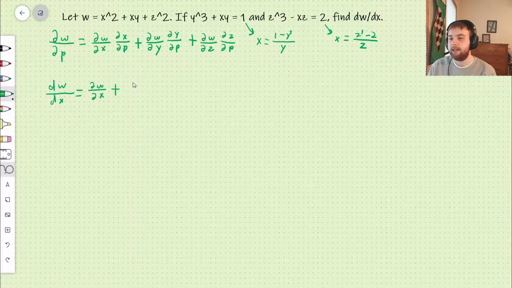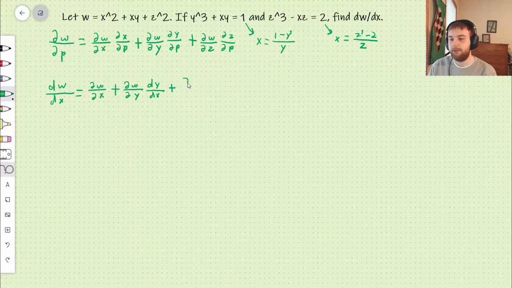Then partial w partial y, and since we discussed that y is a function of x, even though it's a very difficult function to find, it still is that way. So we can rewrite this as dy/dx instead of the partial.